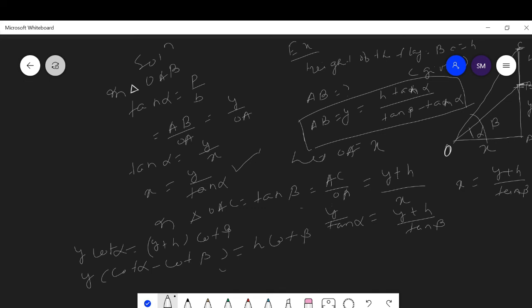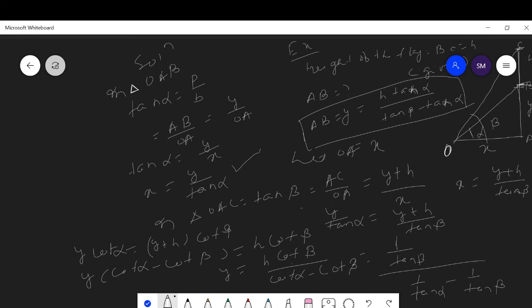Then y is equal to h cot beta upon cot alpha minus cot beta, which is equal to h upon tan beta upon 1 upon tan alpha minus 1 upon tan beta.